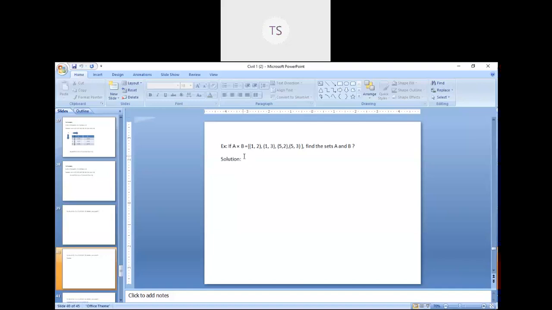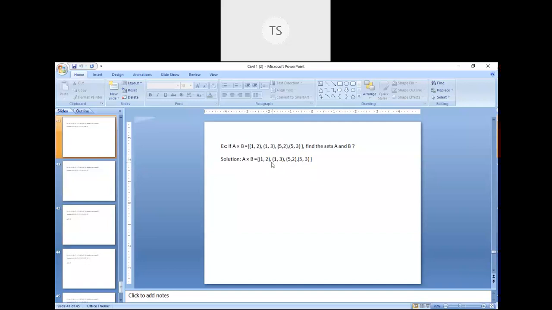So, the main logic is, suppose A cross B is 1, 2, 1, 3, 5, 2, 5, 3. So, in the definition itself, in the Cartesian product, the first element of the ordered pair is from the first set. So, what is the first element? 1. Here also 1.